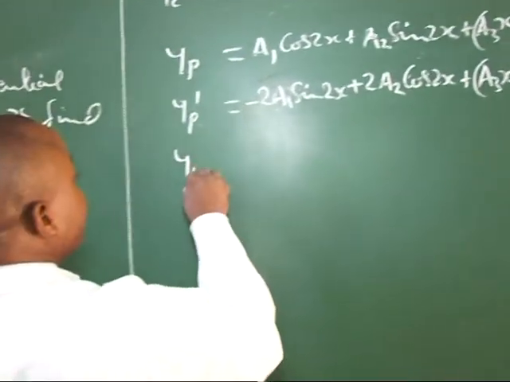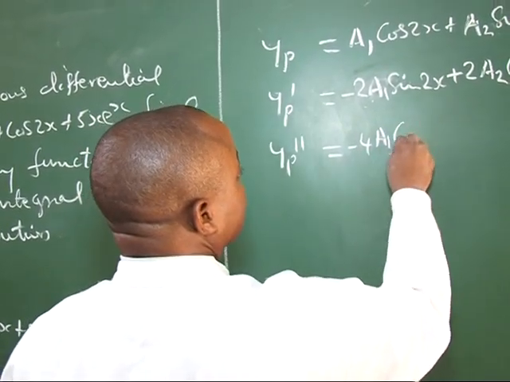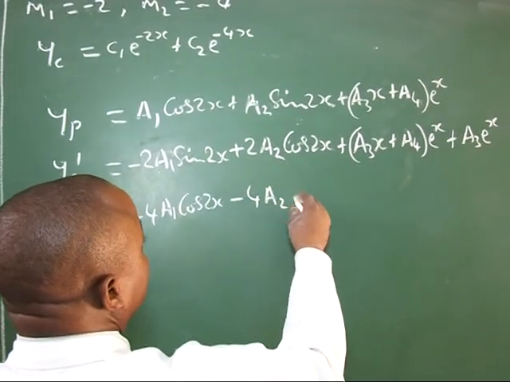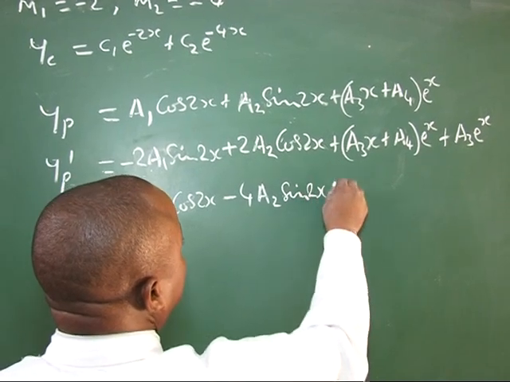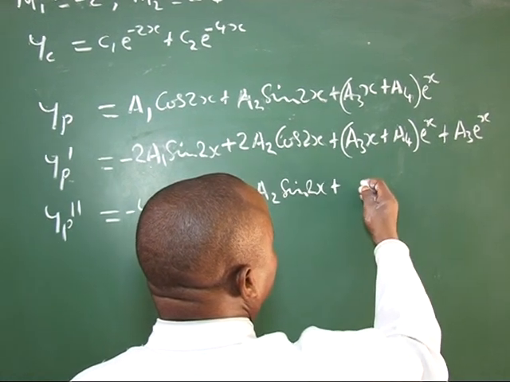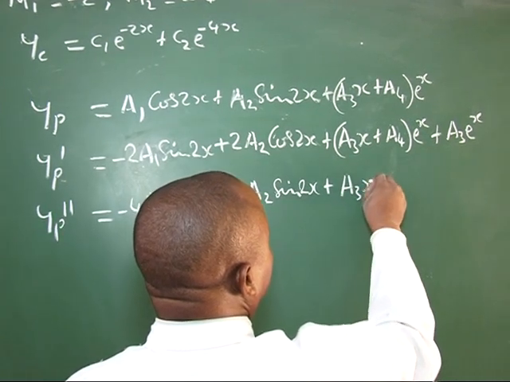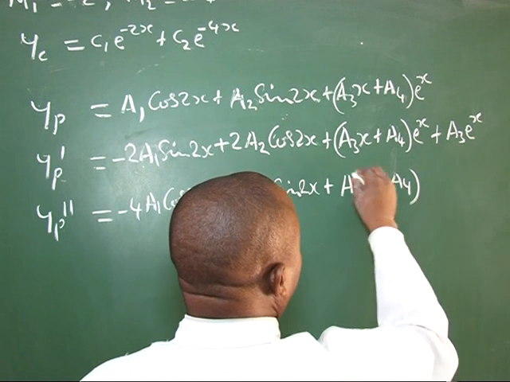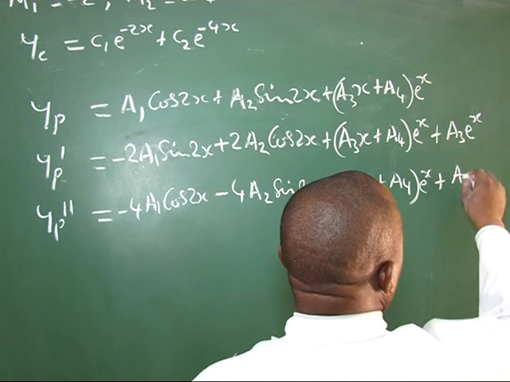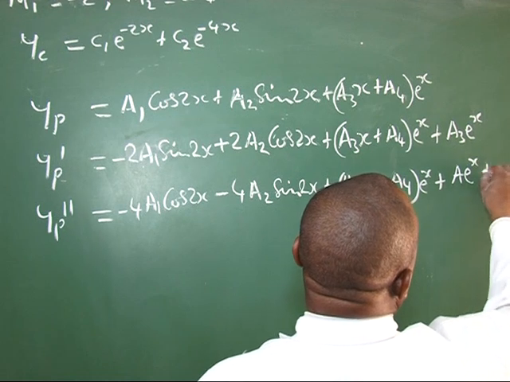Then yp prime prime will be minus 4a1 cos 2x minus 4a2 sine 2x plus, then differentiation of here, we will have (a3x plus a4) exponential x, differentiating the bracket, plus a3 exponential x.